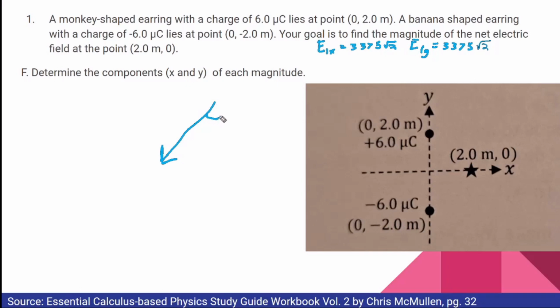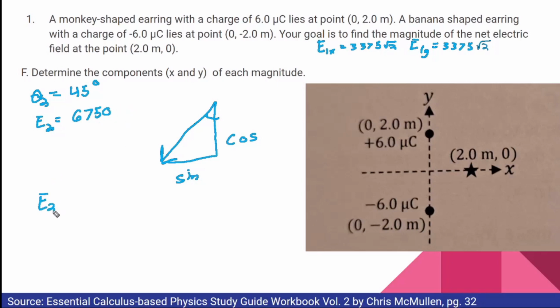Using this as our angle of reference, we know that this is sine, cosine. We know that our angle for the second one is also 45 degrees, while our magnitude is also 6,750.